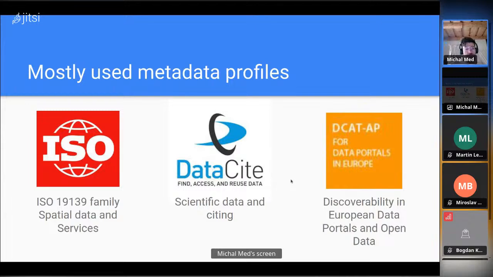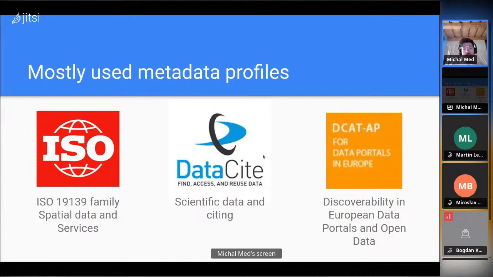The first on the left is the ISO 19139 family, which stands for spatial data and services. This is the technical committee by ISO which focuses on spatial information, and they have created quite a large metadata profile for spatial information.